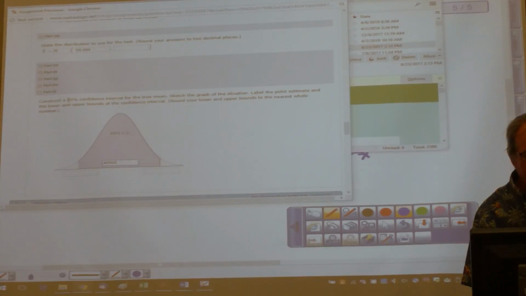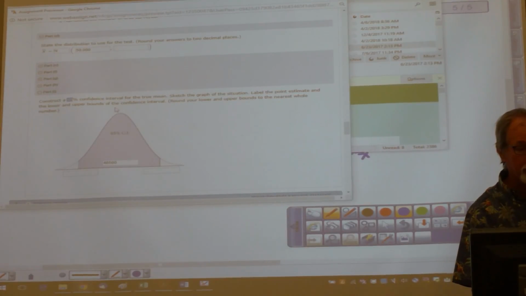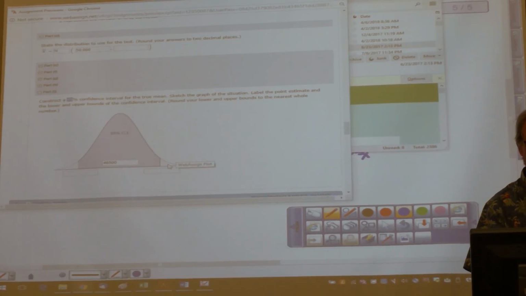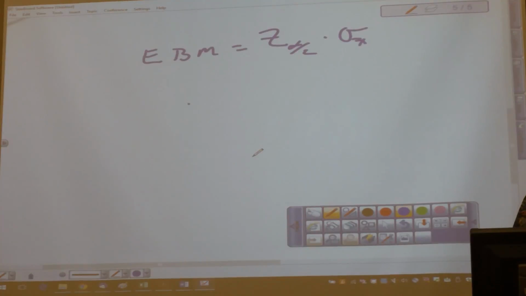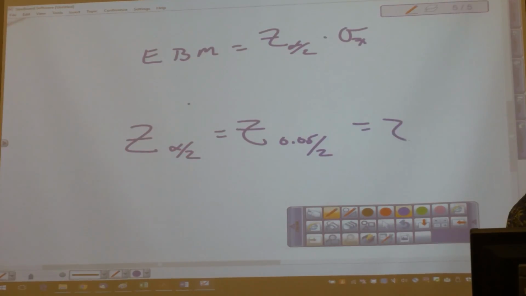Now, this says a 95% confidence interval. So that means, what is my z that I'm going to need? The z for alpha divided by 2, which in this case is 0.05 divided by 2, which is z of 0.025.